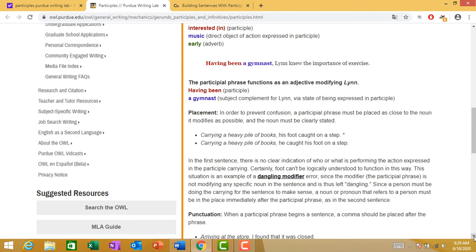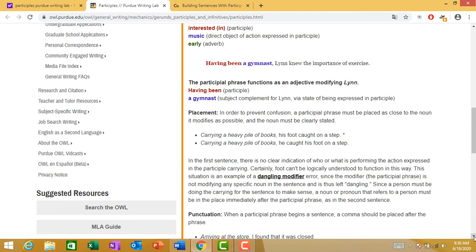In order to prevent confusion, a participial phrase must be placed as close to the noun it modifies as possible, and the noun must be clearly stated. Why you should do that is because there is a phenomenon called the dangling modifier. There is also the dangling gerund.